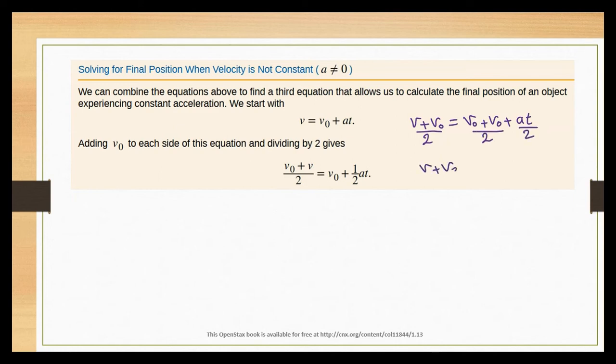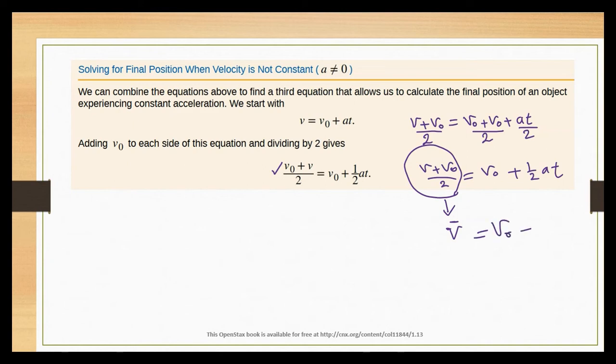We have v plus v0 over 2 is equal to v sub 0 plus 1 over 2 at. And this is v bar, the average velocity.